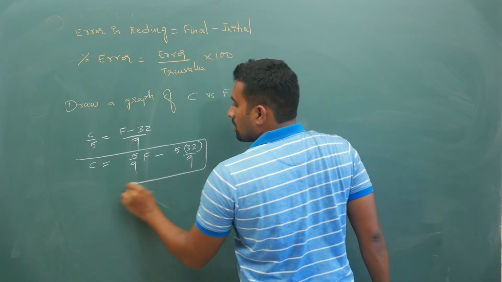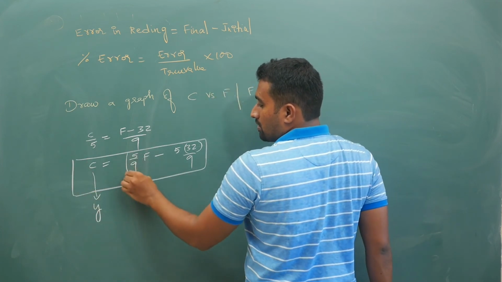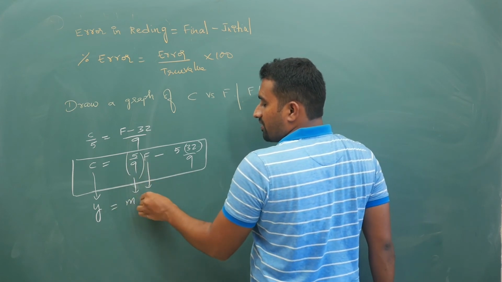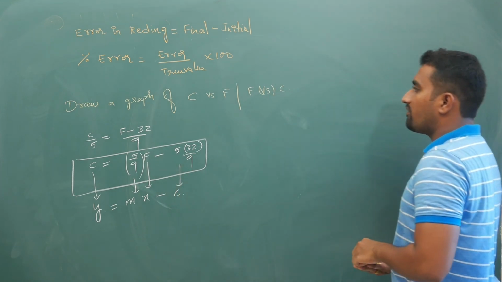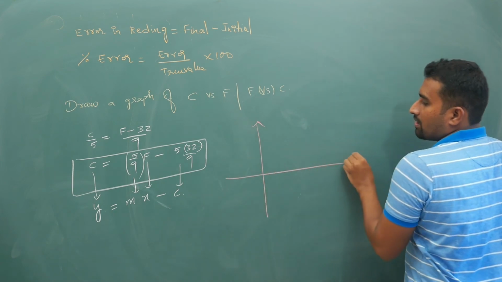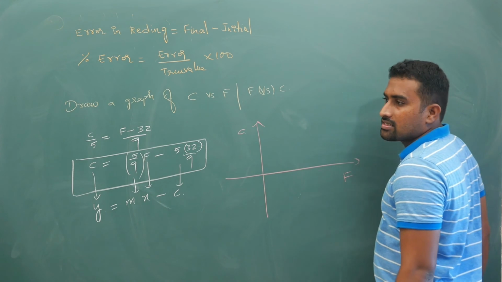If you are drawing C versus F, C is Y, your slope is 5 by 9 as M, Fahrenheit is X, and this last part is the constant. If you draw a C versus F graph, y equal to mx plus c is a straight line.